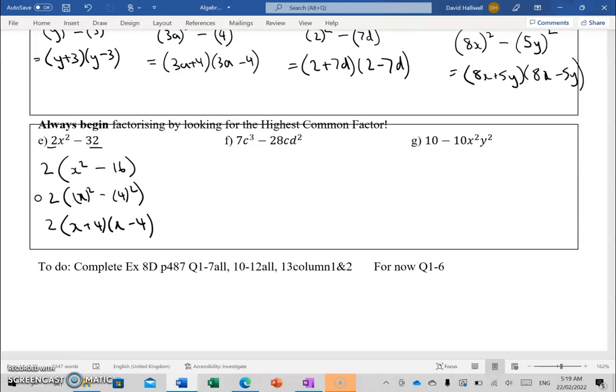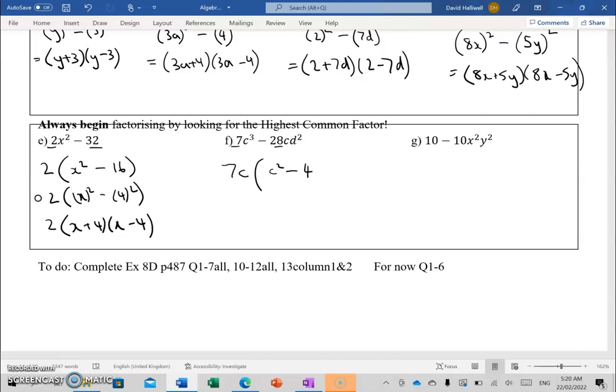Next one, this one. We can take out, let's see, what can we take out? So 7 and 28, highest common factor there is 7, because both 7 and 28 are in the 7 times tables. And looking at the letters here, I've got c cubed and I've got c. So I can take out the lower of the two powers. So c to the power of 1 I can take out. And then brackets, and then we'll have c squared minus, now 7 times 4 gives 28.